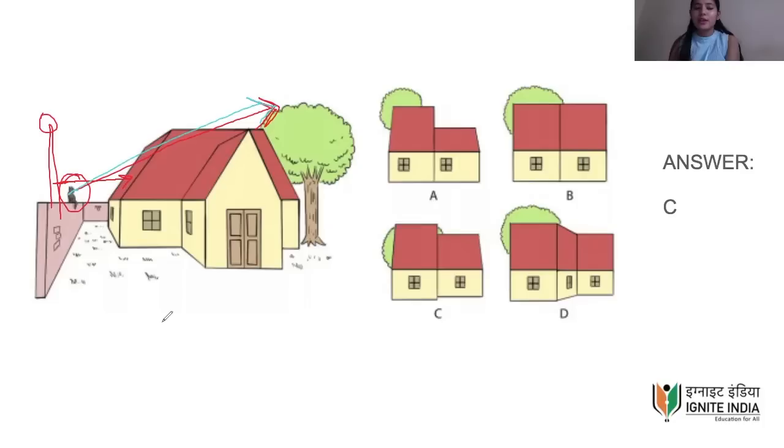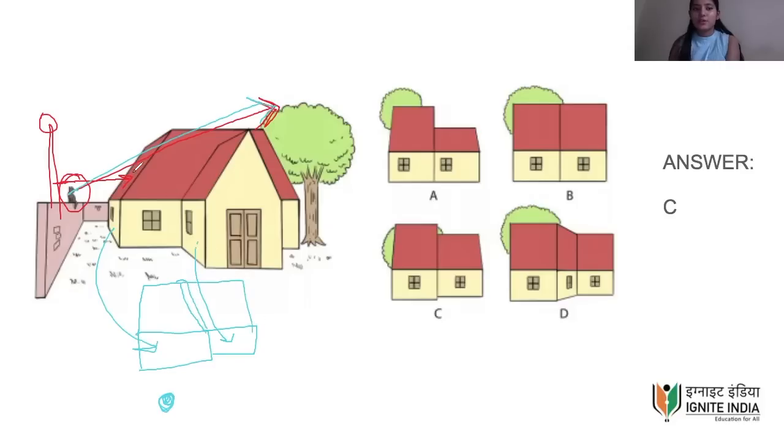Secondly, if she is here, there is a front portion. Then there is a side portion, which is a little bit back. Which is this. Then there's a front option.